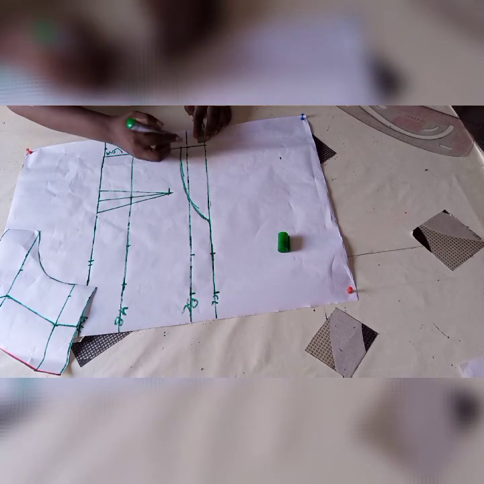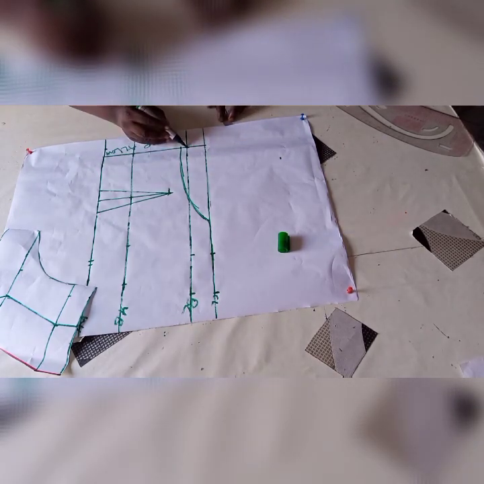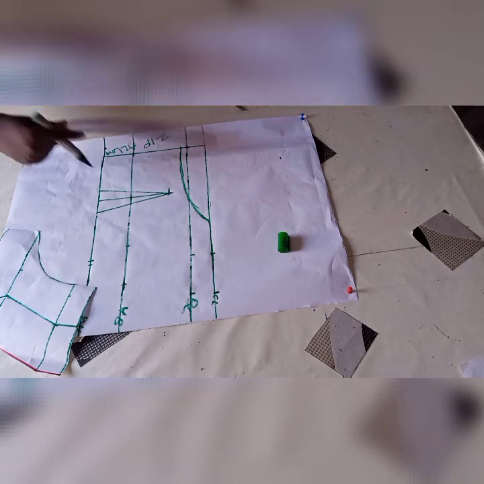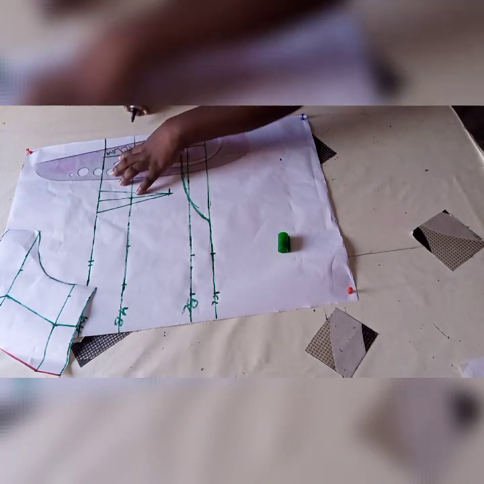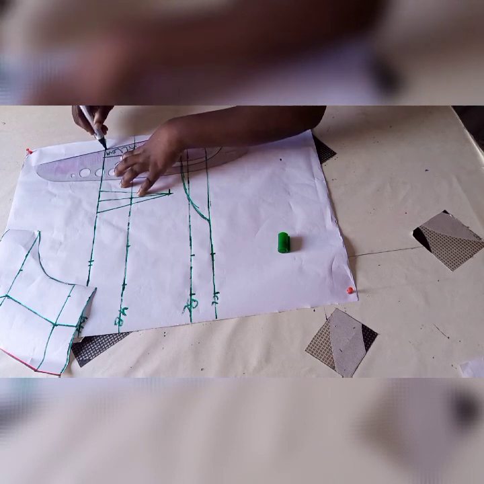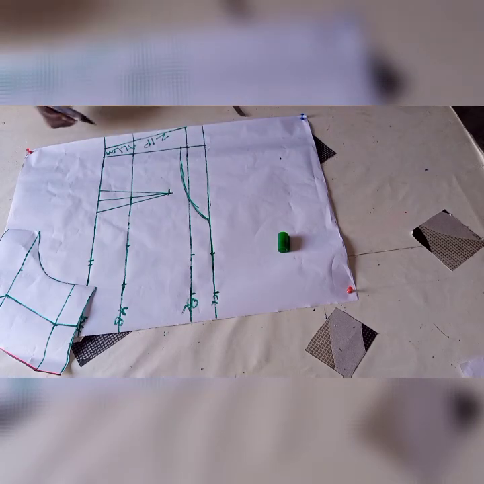So you come to the bust line here. So this is the bust. From here, you come to this side. We took out 1/2 inch from our zip. You took out 1 inch from our zip allowance.